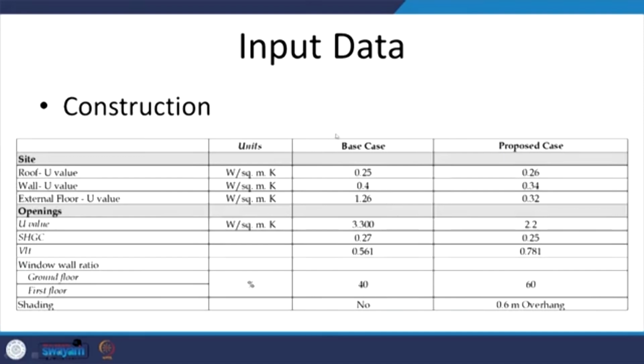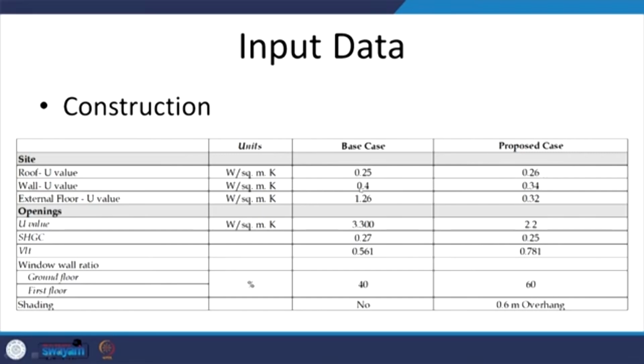Now one thing which will change, and which we have already changed, is the construction template. For the base case, we have the values which are coming out of the code. In our case, the relevant code was ECBC, and so the values which we have taken are from ECBC. However, for the proposed case, we can change these values to anything, but if you look at the values in the proposed case here, they are very similar to what ideally the base case should be. In case of the roof U value, instead of 0.25, we have proposed 0.26.